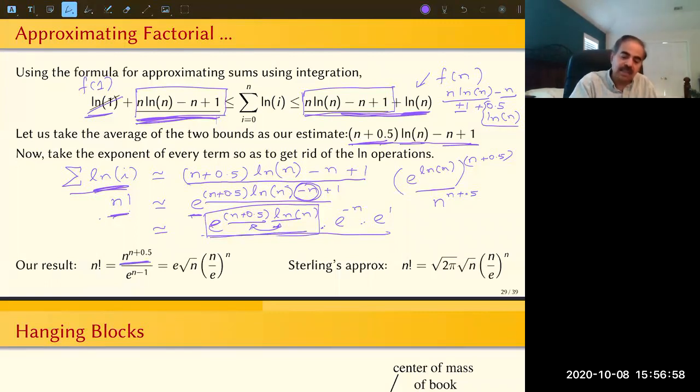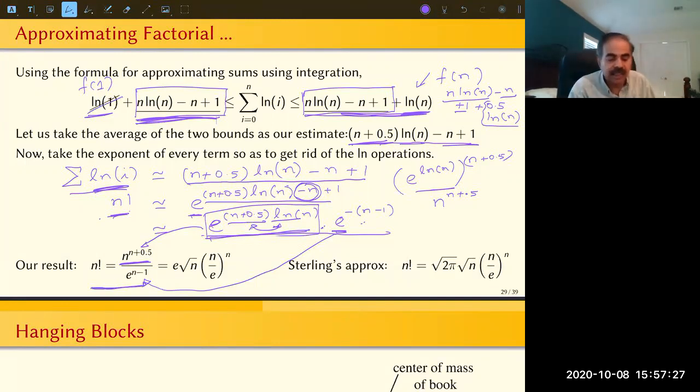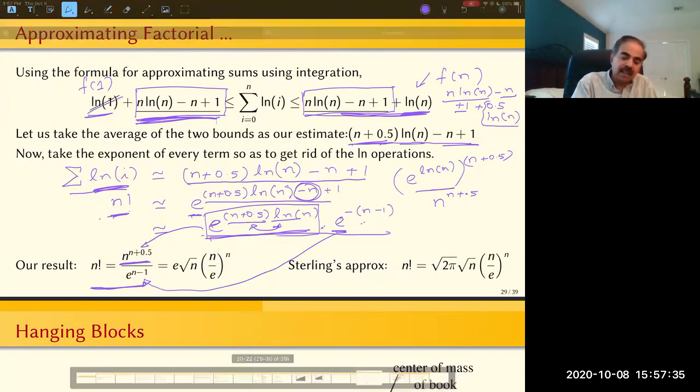So this term becomes this term, e to the power minus n times e. So our estimate is that n factorial is given by this expression, which we can further rewrite in the following way.